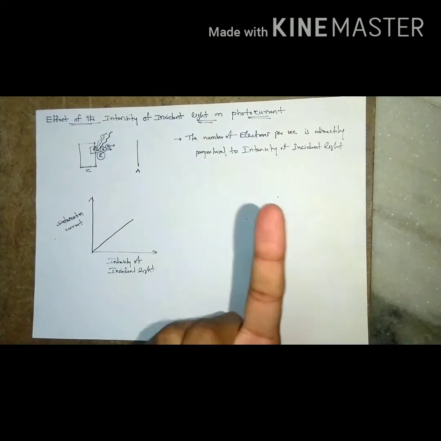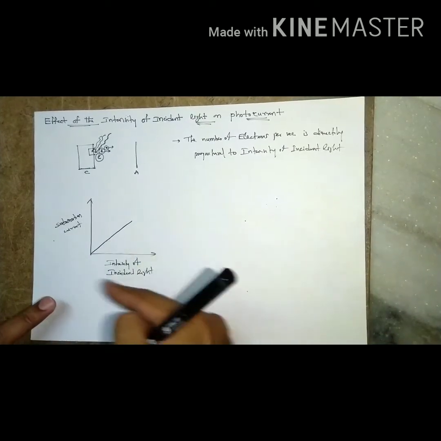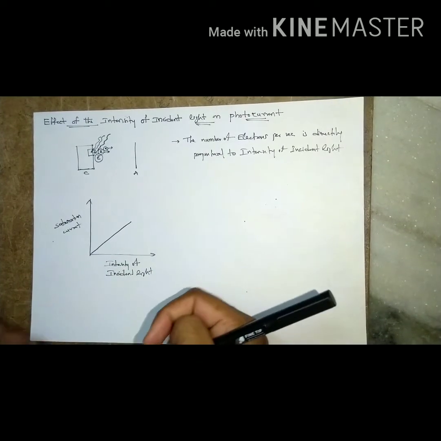The saturation current increases by increasing the intensity of incident light. That is also a most important point.